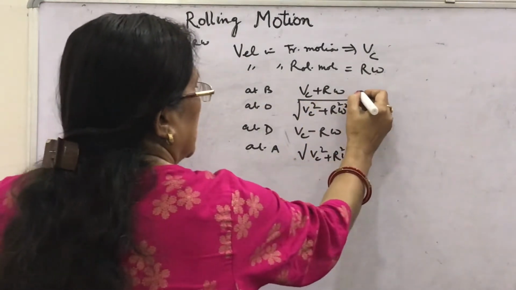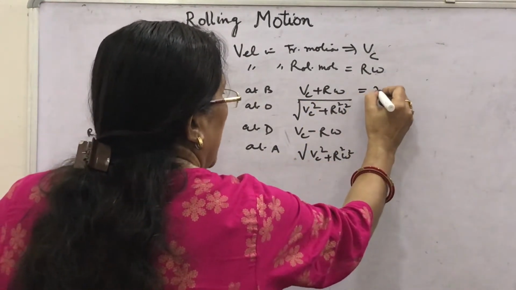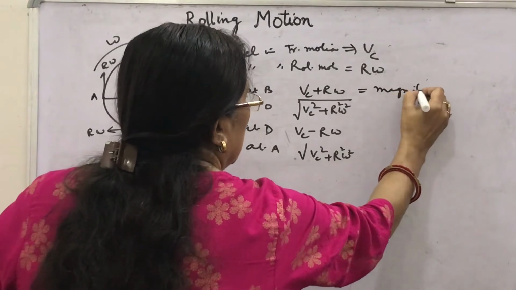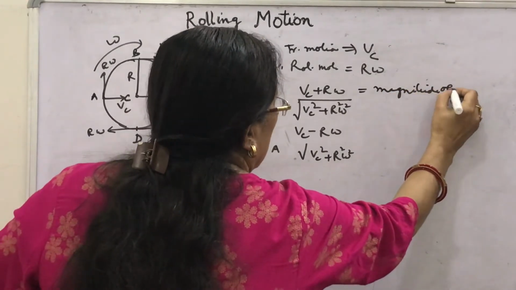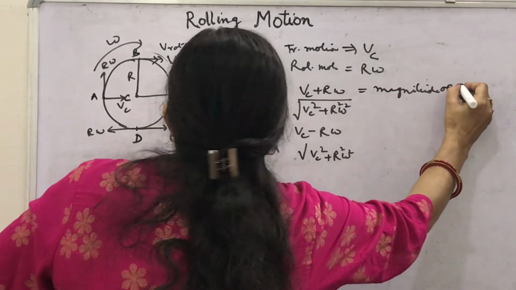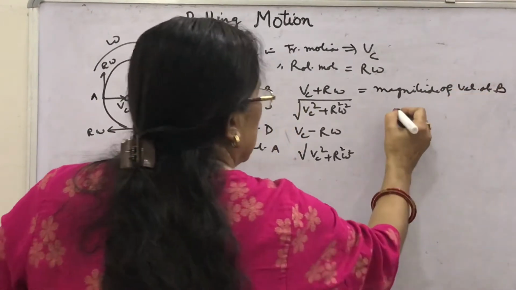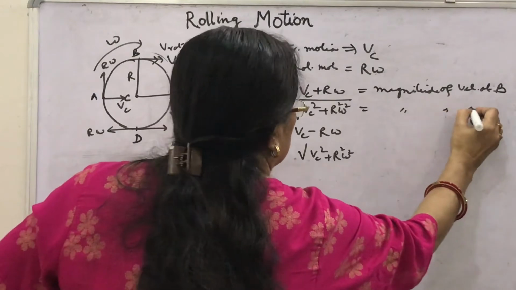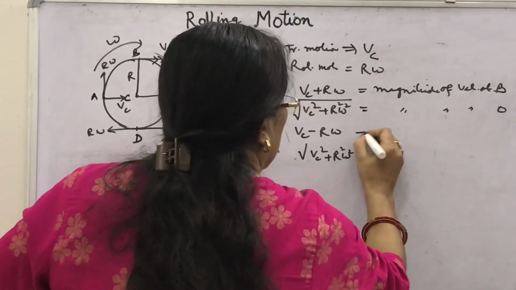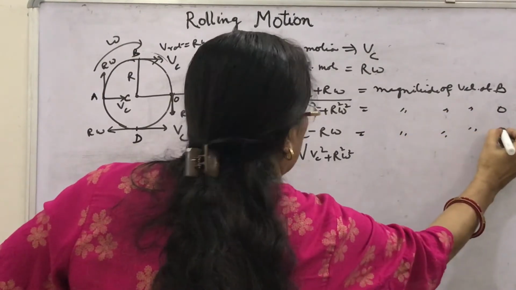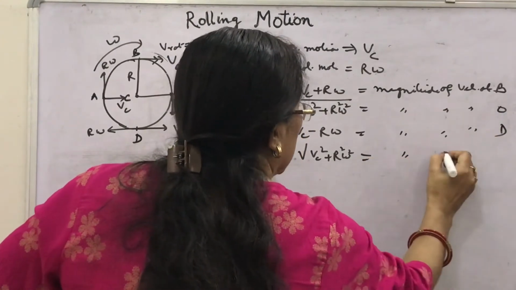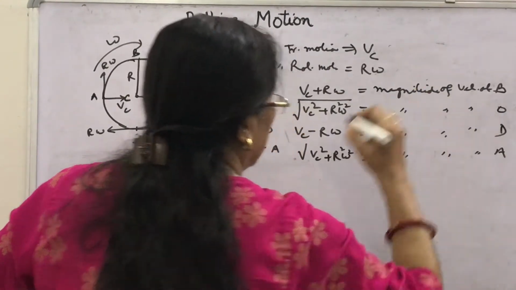So these are the magnitudes of velocity at point B, at point O equal to that at point D, and at point A.